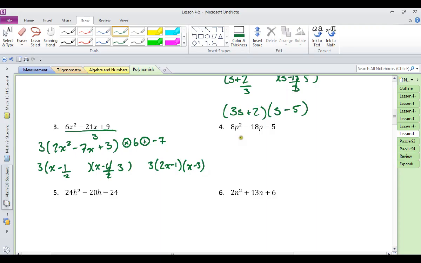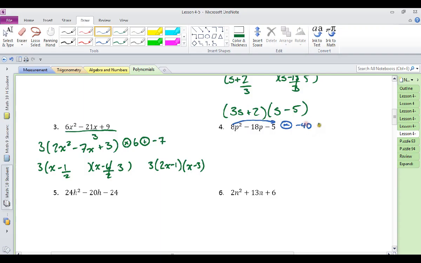We're going to practice once more here. And then I'm going to do the box factoring for you, just in case some of you like that better. So look at this. I'm going to change color to blue. What do I do with the 8? Multiplies by 5. So I need to multiply to what?